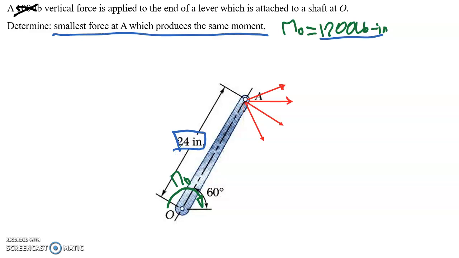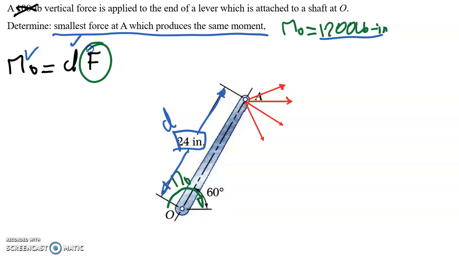That means the calculation of the moment is going to look like this. Moment about O equals distance times force, and that distance is going to be all this extension of the lever. So we already know the distance, we already know the moment, we just solve for the force.